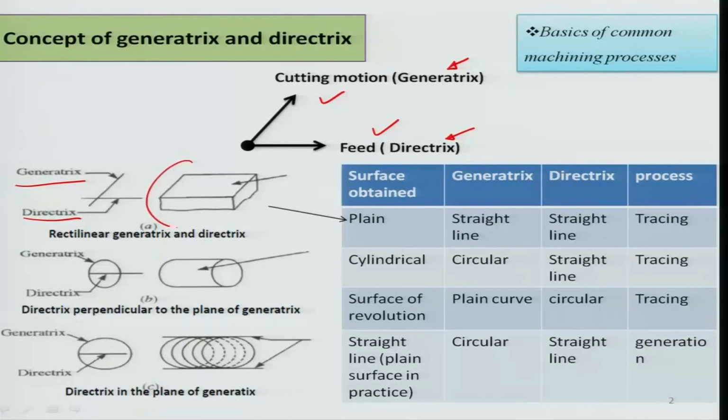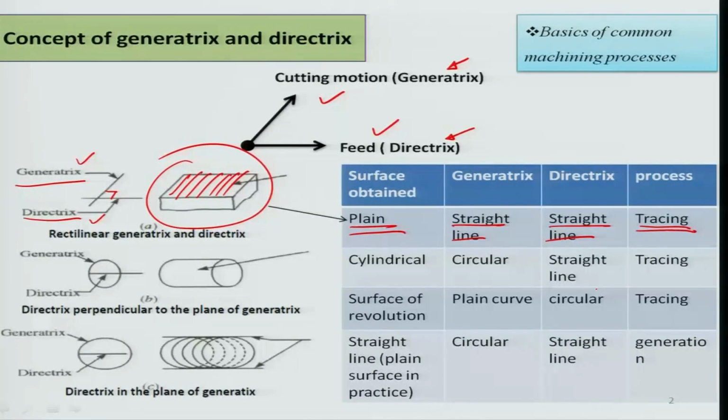So, this right here shows the rectilinear motion of the feed direction and the cutting motion, and they are perpendicular to each other, making a 90-degree angle. And so, therefore, you can have an XY plane generated because of such directrix and generatrix, both straight lines perpendicular to each other. So, we can obtain a plane surface out of a straight line generatrix and a straight line directrix, and the process can also be known as tracing.